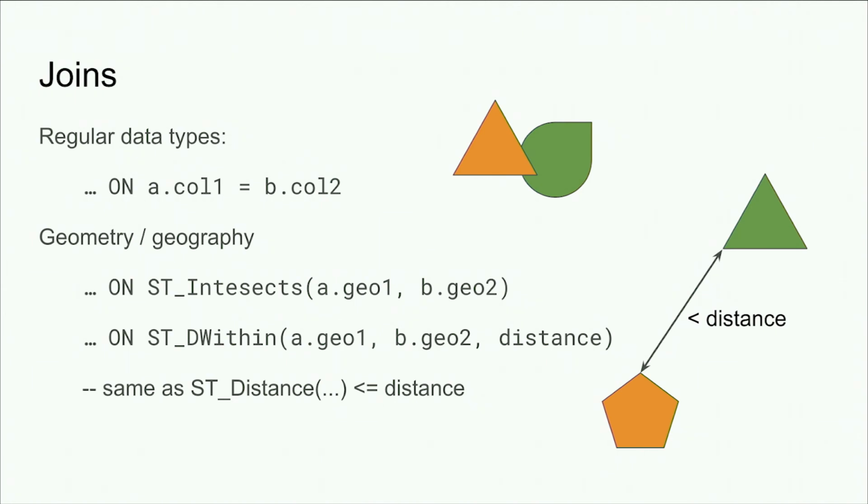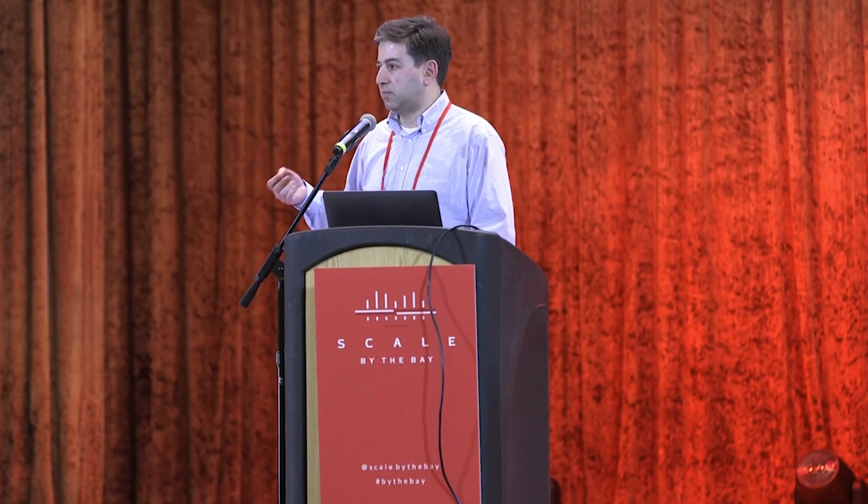And just like in any other system, it's very common to do joins. Like you are doing joins on some IDs or strings, it's very common to do joins on geospatial data. And here is an example of finding employees who are affected by the fires.